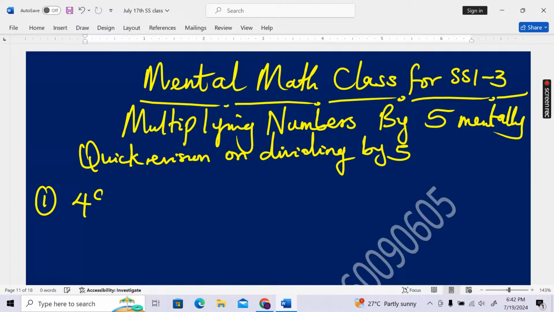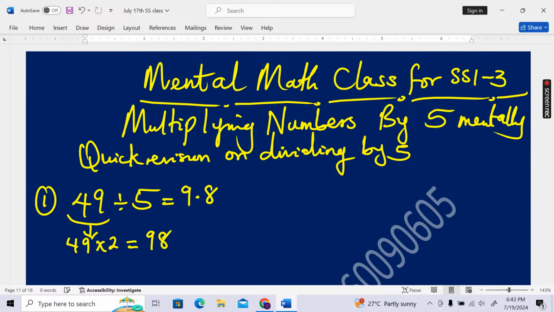What is 49 divided by 5? Double 49, by saying 49 times 2, and that will give you 98. Introduce the decimal point before the last digit on the right, so the answer will be 9.8.